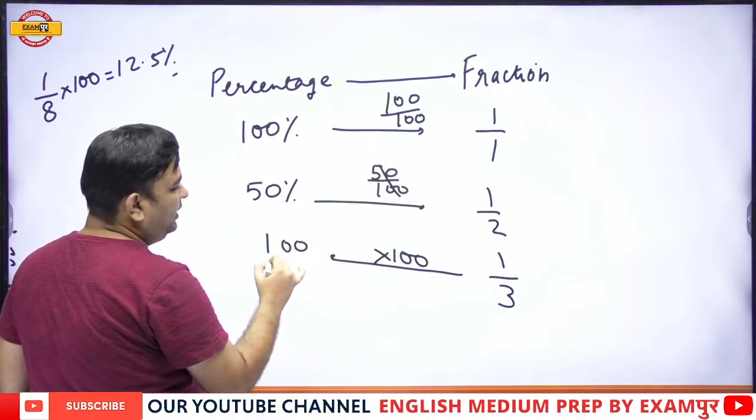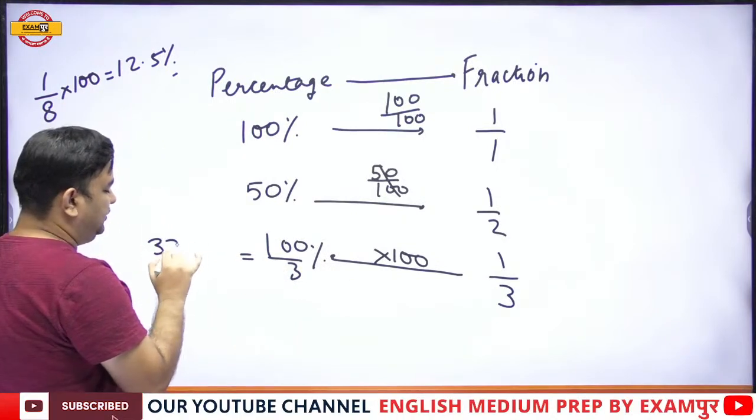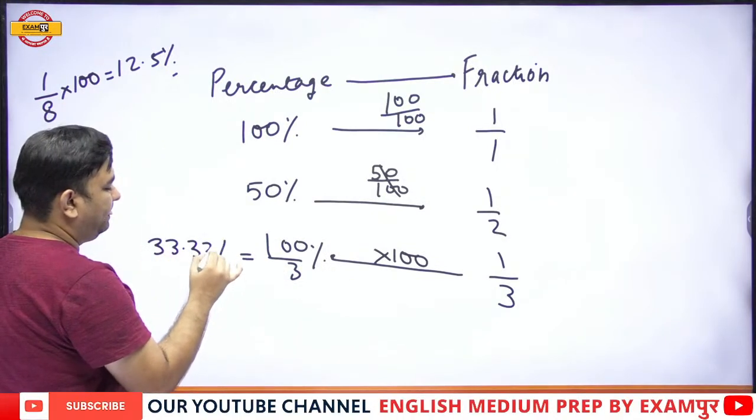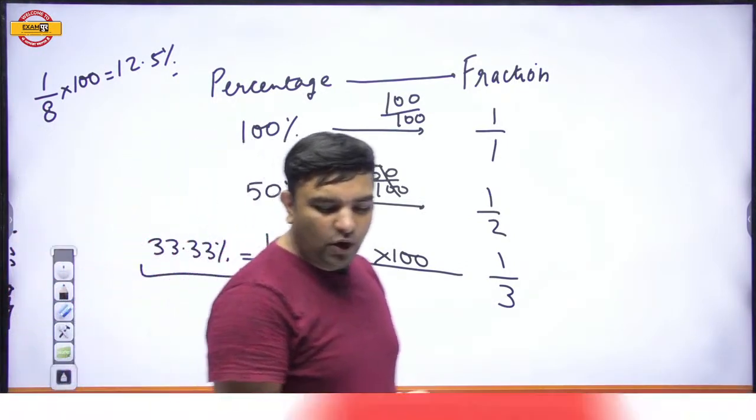So it will become 100 by 3%, which is 33.33%. Now, what is the learning from here?